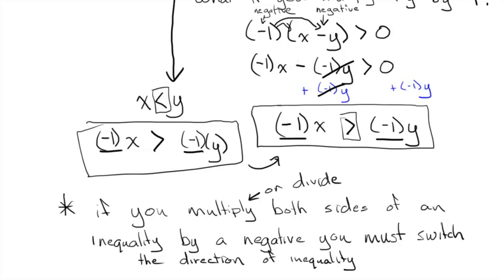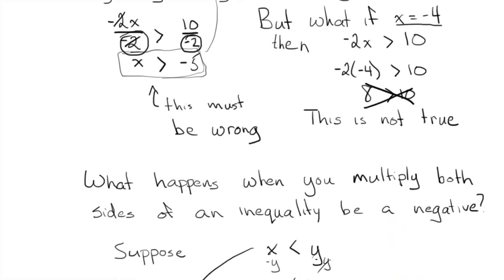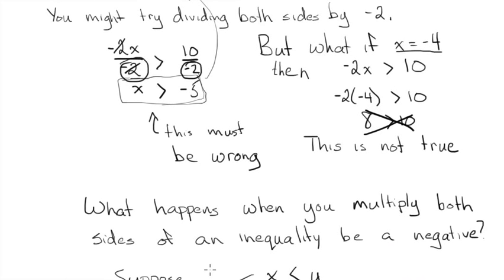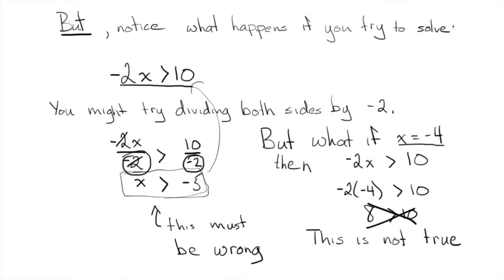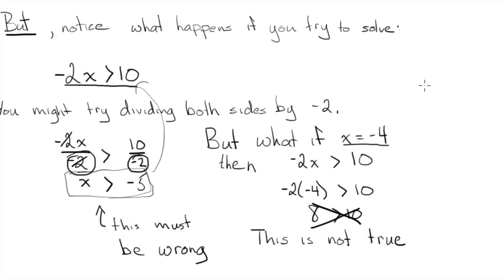So going back to that example where we noticed that there was a mistake. Where was that? It started up here, right? Here's the example. Negative 2x bigger than 10. So we said we wanted to divide both sides by negative 2.